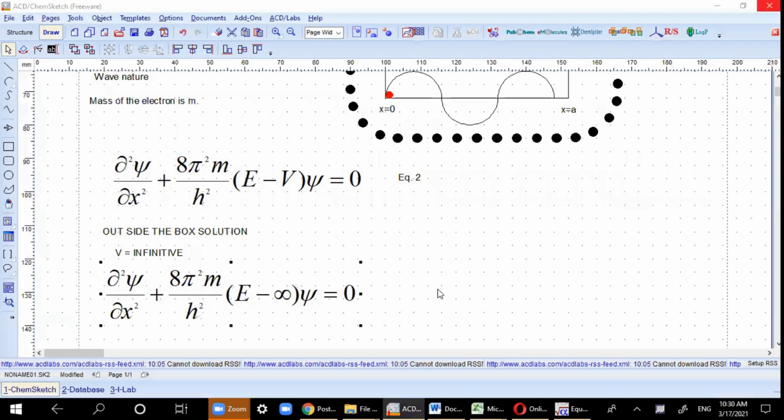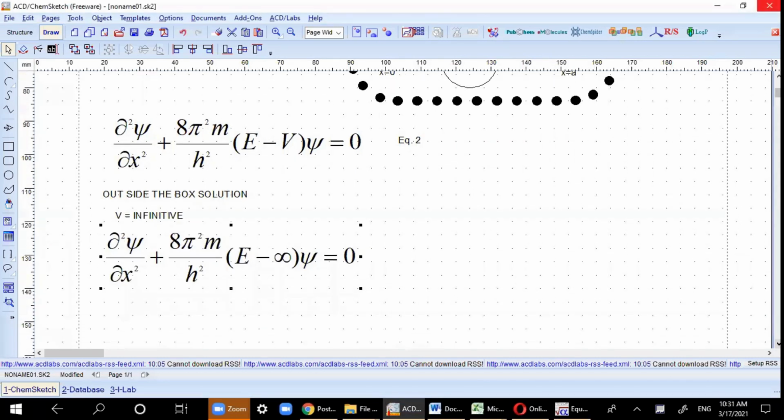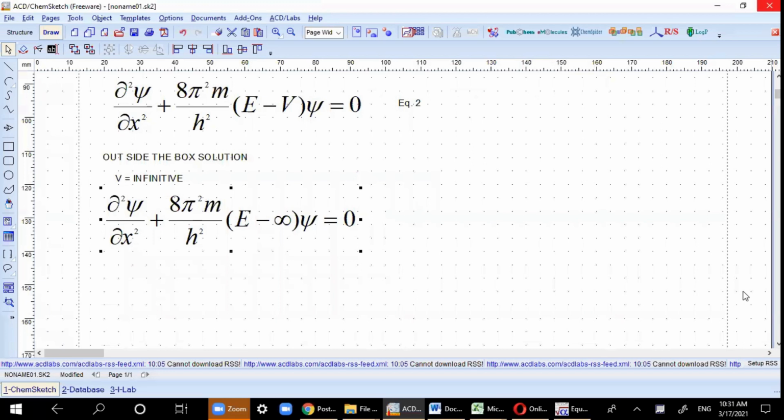Now we have to find the solution for psi. With infinity in that place, the E term becomes negligible. Now d square psi by d x square equals infinity into psi.